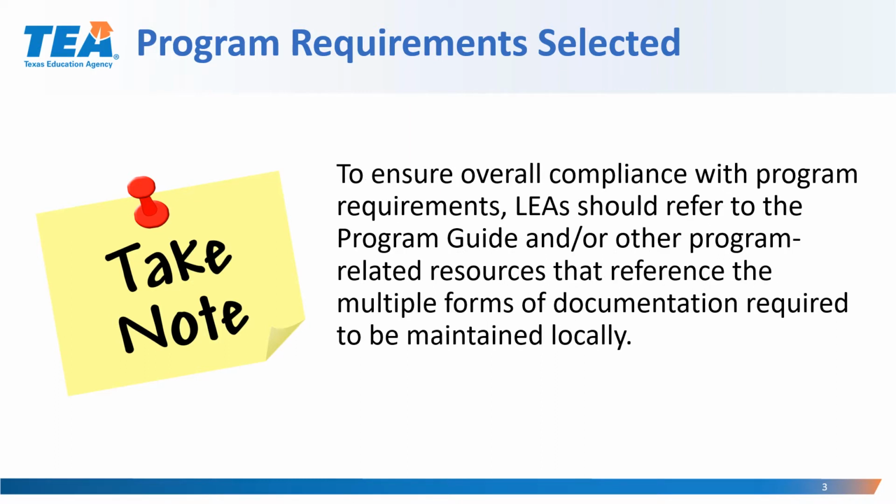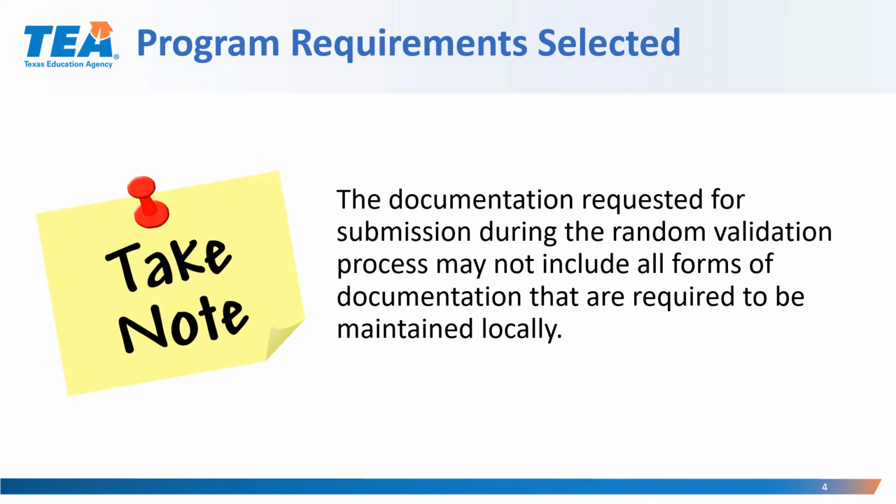To ensure overall compliance with program requirements, LEAs should refer to the program guide and/or other program-related resources that reference the multiple forms of documentation required to be maintained locally. The documentation requested for submission during the random validation process may not include all forms of documentation that are required to be maintained locally.